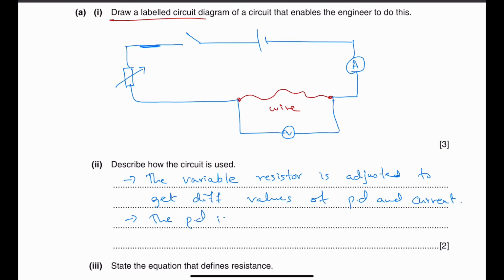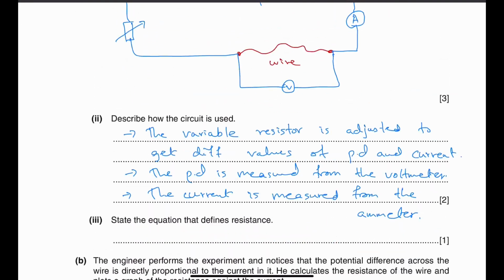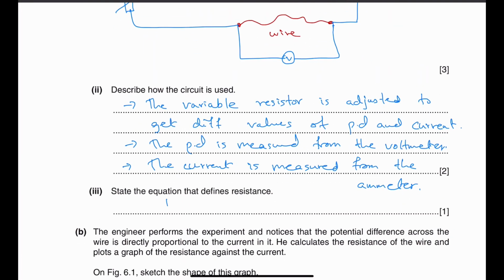The PD is measured from the voltmeter, and the current is measured from the ammeter. And that's it. State the equation that defines resistance. Well, resistance is quite simply potential difference divided by current. That's it.